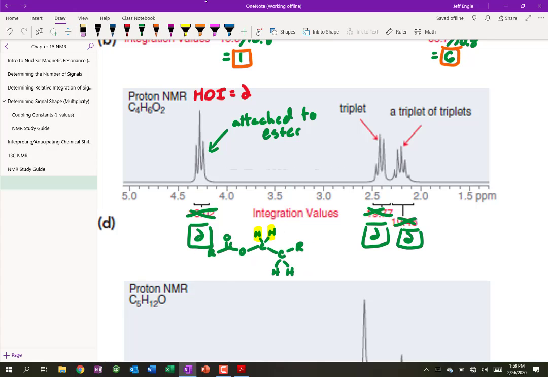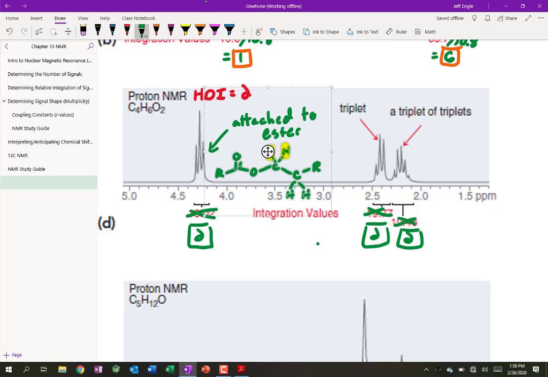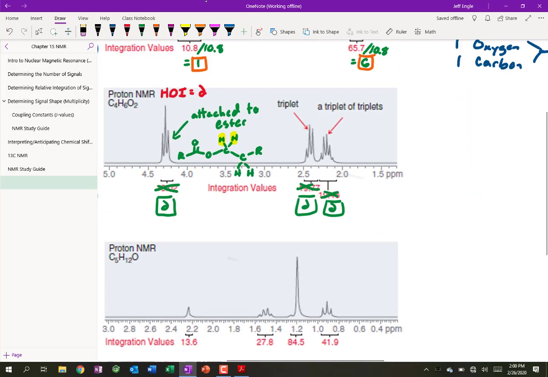So I'm just going to shrink this up and put it right there. Okay, so we've got that figured out. We've accounted for both of our oxygens. We've accounted for 3 of our carbons and 4 of our hydrogens. So what are we really missing right now?